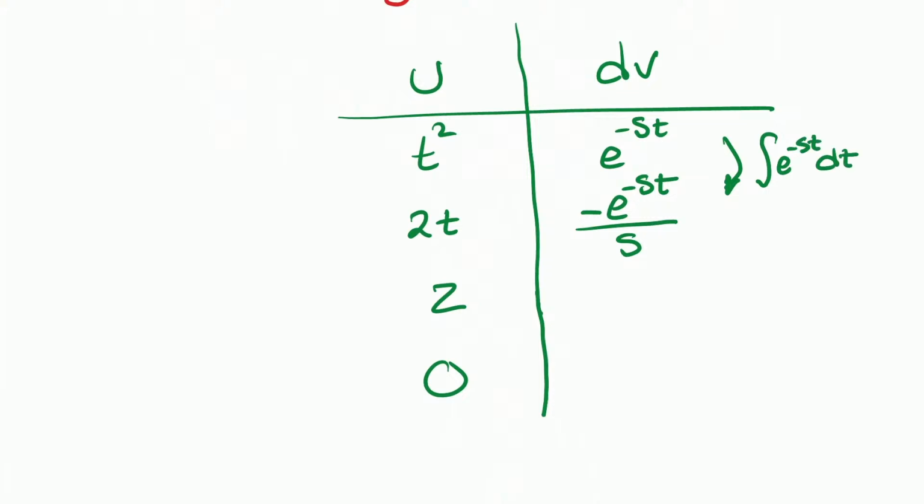Very nice. So it's just another instance of this antiderivative. You get e to the negative st again, and then you divide by s times s, which is s squared. I'll do the last one just for fun. It'll be negative again, e to the negative st over s to the third.